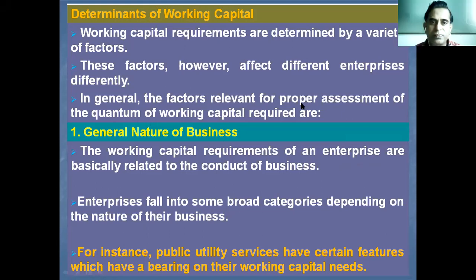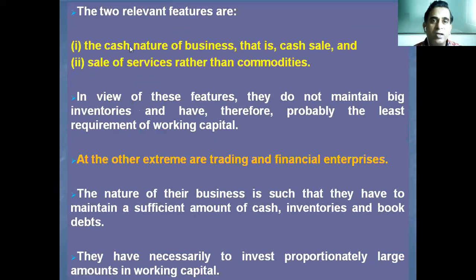The first factor is general nature of business. Enterprises fall into some broad categories depending on the nature of their business. For instance, public utility services have certain features which have a bearing on their working capital needs. The two relevant features are the cash nature of the business, that is the cash sale, and the sale of services rather than commodities. So in view of these features, they do not maintain big inventories and have therefore probably the least requirement of working capital.